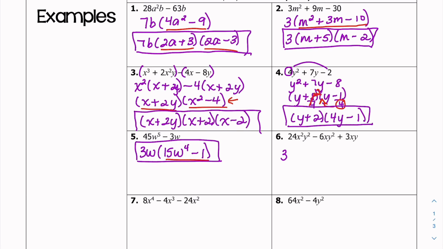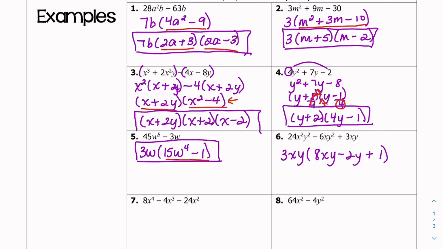There is an x common in all the terms, and the greatest x in all of them is just x. And with the y's, we have y squared, and y. So the greatest y that we see in all three terms is just y. So we have our greatest common factor of 3xy, and then we're going to divide, and we're left with 8xy minus 2y plus 1.